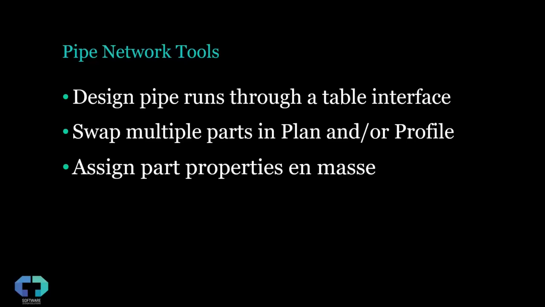So with these supporting tools, we can design entire pipe runs through an Excel type interface, a really handy interface that allows you to push constant slopes or perhaps invert drops across structures, across multiple parts at once. We can swap multiple parts in plan and or profile view all at once. Normally that's a 1 part at a time kind of thing.